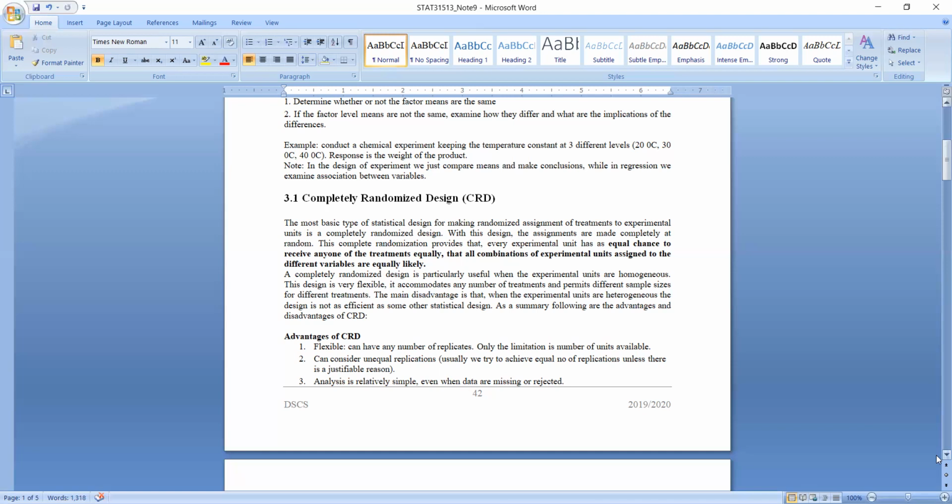So the most important thing when you are using this completely randomized design is that your experimental units should be homogeneous. But in practical situations, it's not easy to make them homogeneous, but we try as far as possible to take homogeneous experimental units when we conduct completely randomized designs.